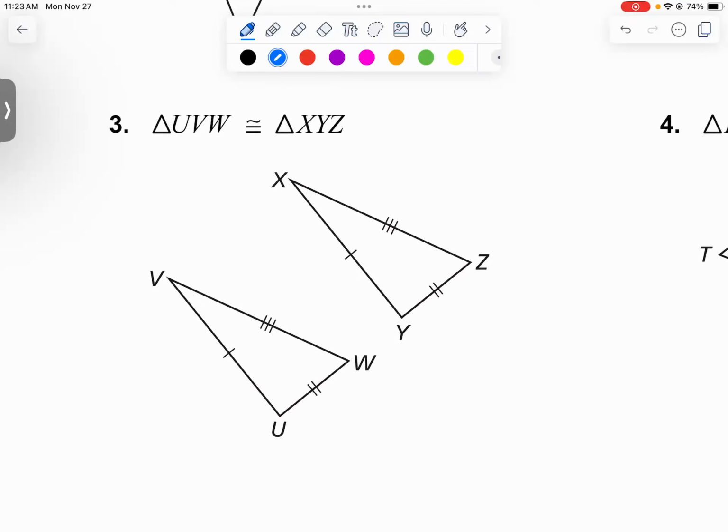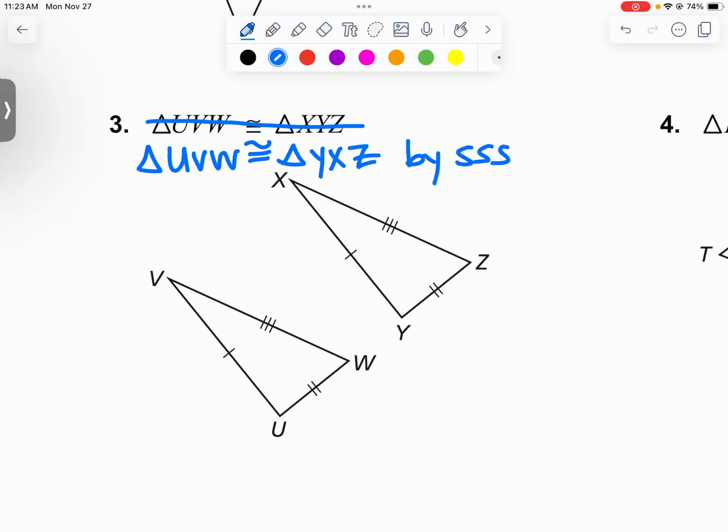Okay, we should instead have triangle UVW congruent to what? Now we can say they're congruent by side, side, side. Good job, Presley.